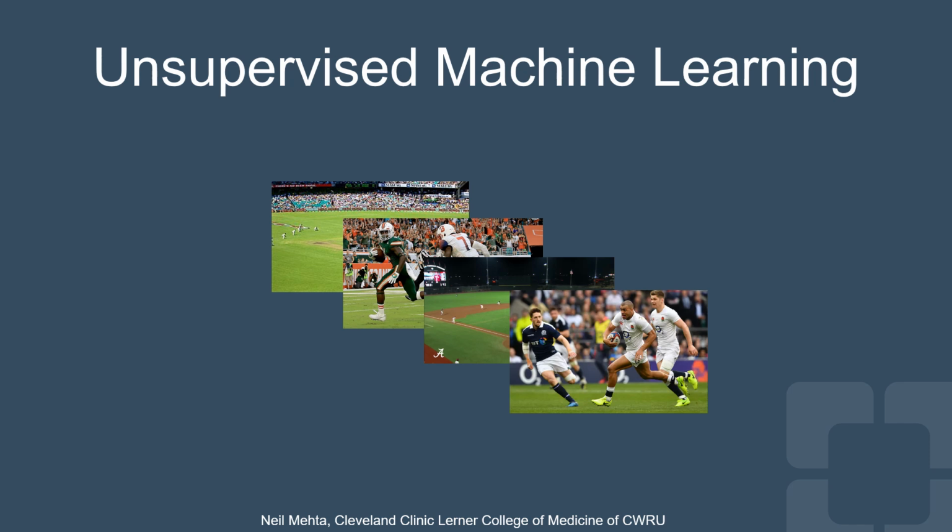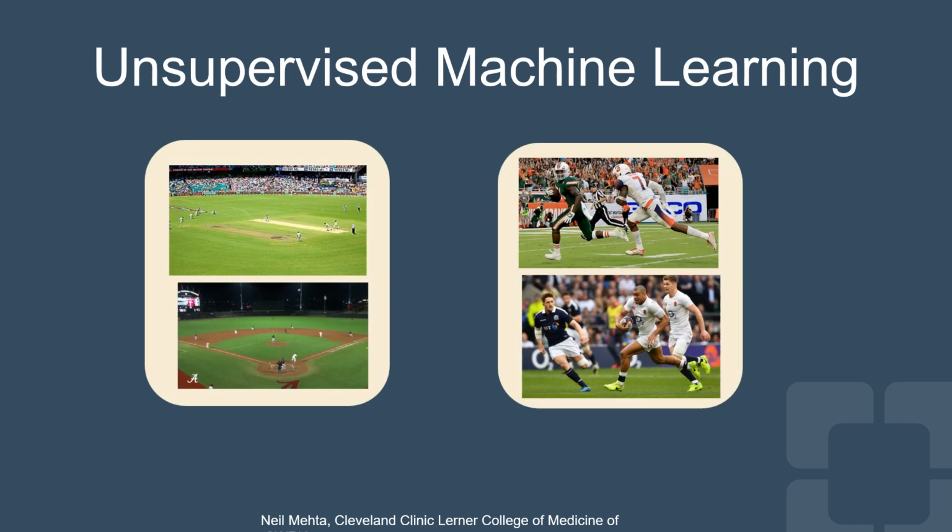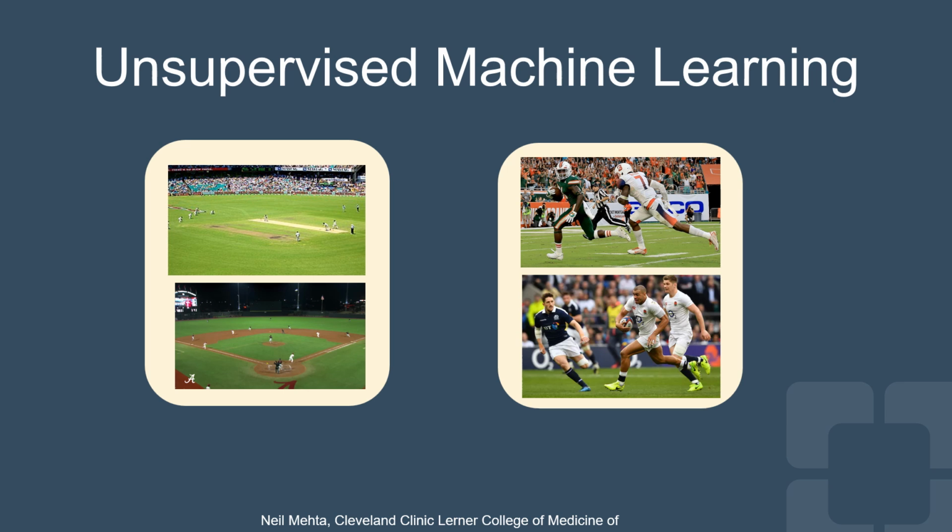And without labeling them, you give that entire data set of photographs to an algorithm. And what it does is, on its own, it is able to somehow figure out that there is some similarity between cricket and baseball and between American football and rugby. And based on that, it clusters these together. So this would be an unsupervised machine learning algorithm.